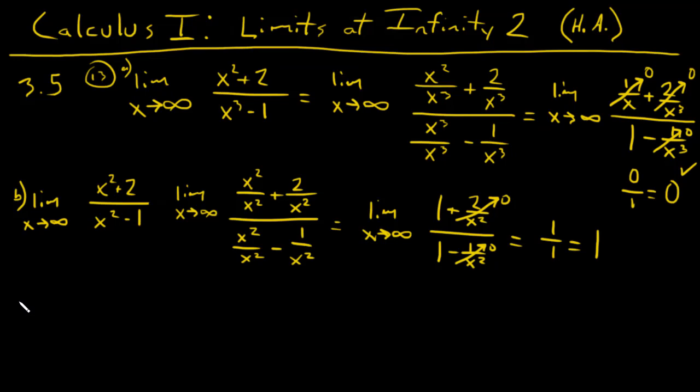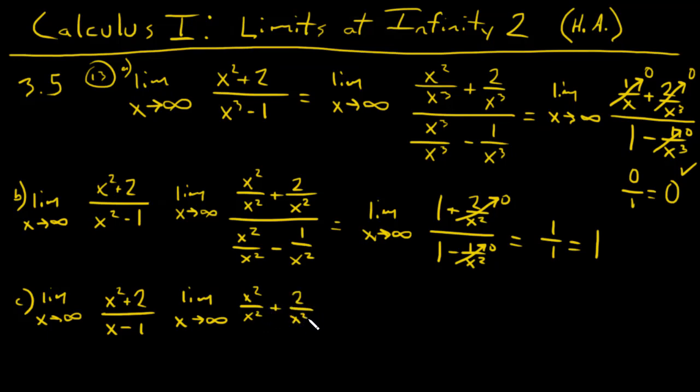Alrighty, last but not least, I'm going to look at the limit as x goes to infinity of, this time it is x squared plus 2 over x minus 1. When I divide by the highest power of x, I get the limit as x goes to infinity of x squared over x squared plus 2 over x squared, over x over x squared minus 1 over x squared.